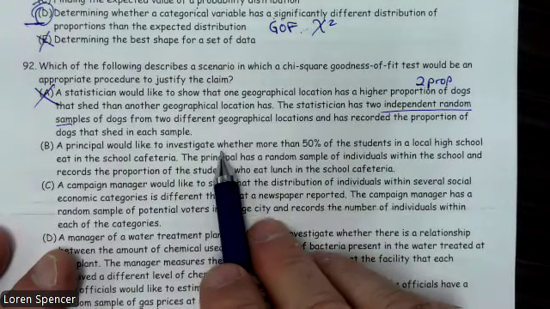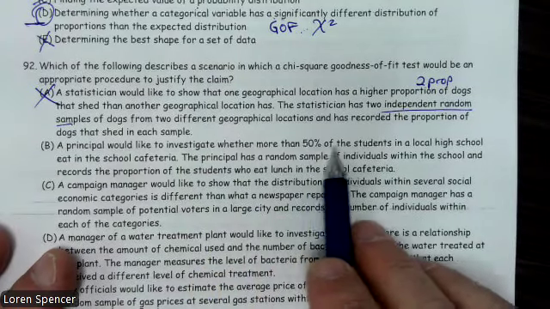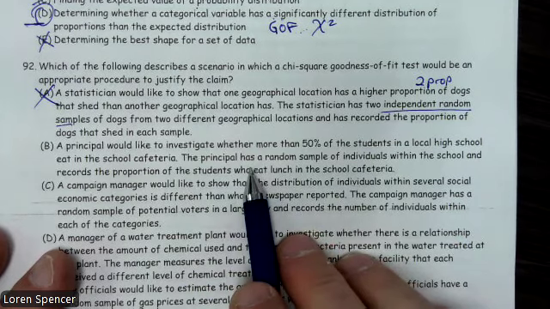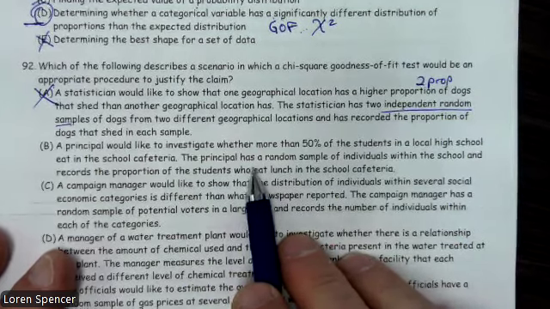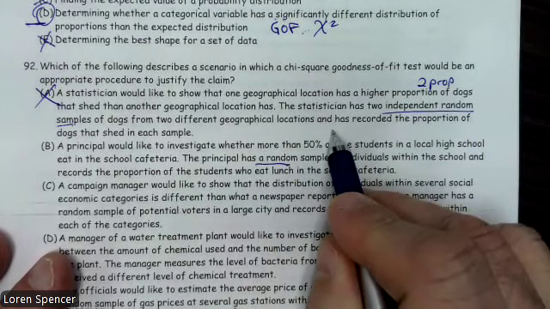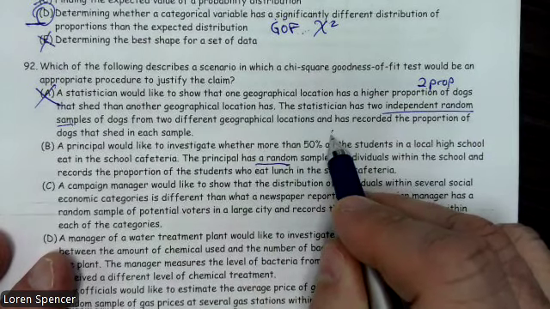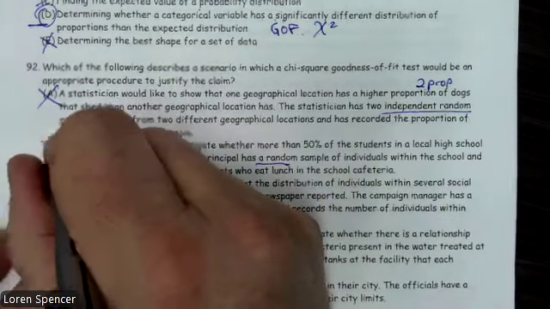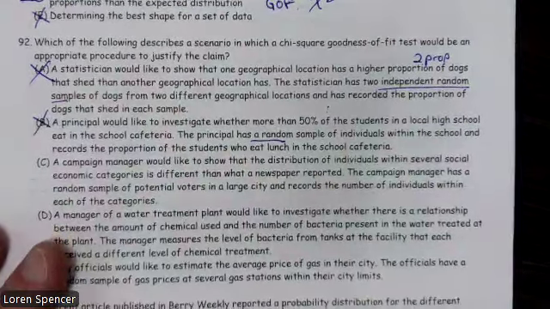Our principal would like to investigate whether more than 50% of the students in a local high school eat in the school cafeteria. The principal has a random sample, so we have one sample. So this is a one proportion Z test, one sample proportion Z test. That's not it.